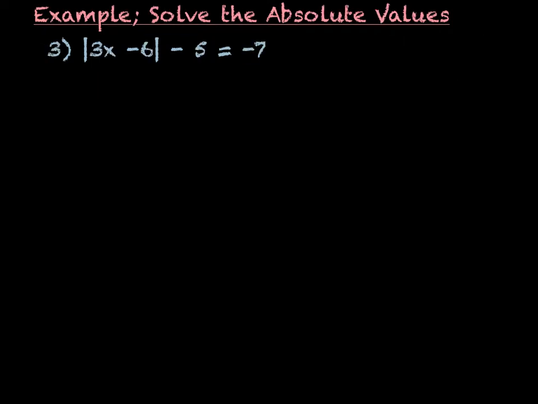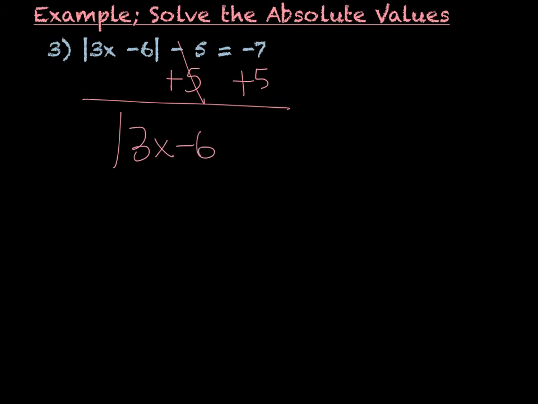Example 3, we have 3x minus 6 in the absolute value minus 5 equals negative 7. So I'm going to start by solving for the absolute value. So I need to add 5 to both sides. So I have the absolute value of 3x minus 6 equals a negative 2. Now, absolute values cannot be negative. It's not possible. That's why we use absolute values, to make them positive numbers.